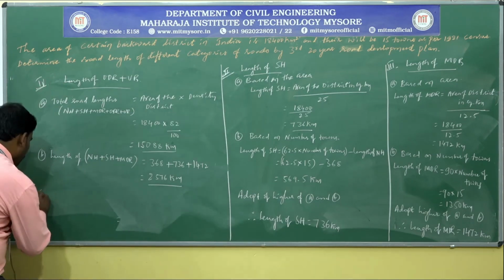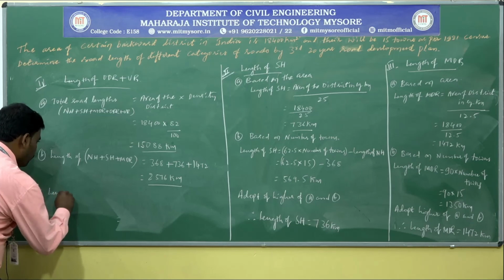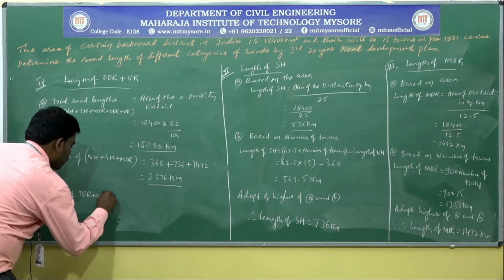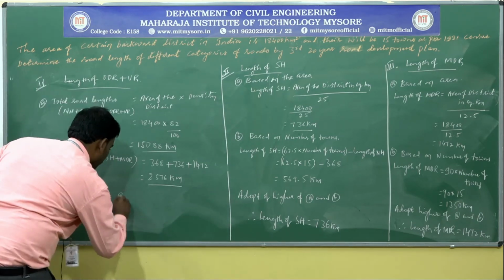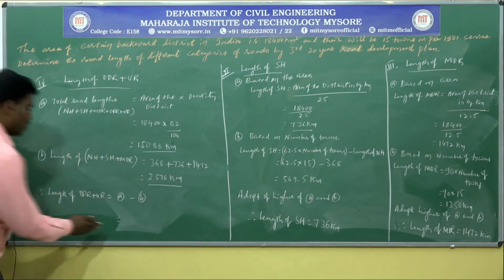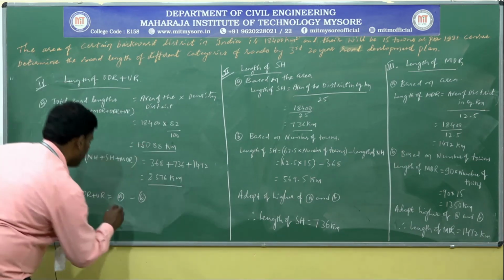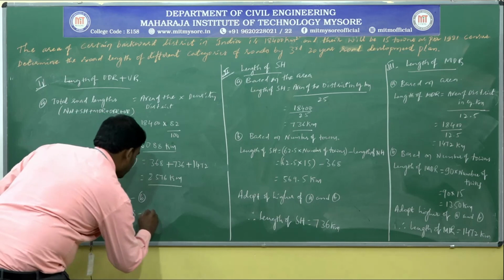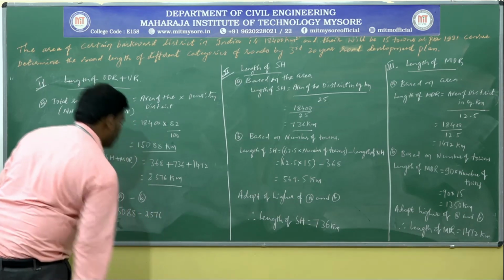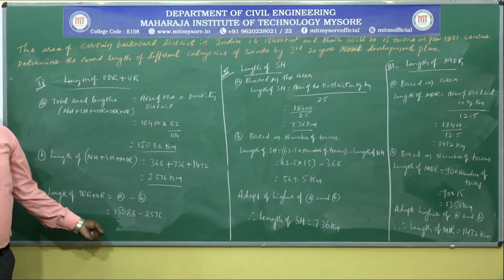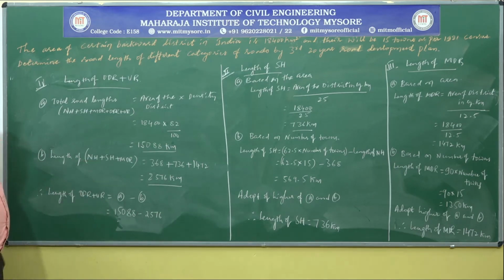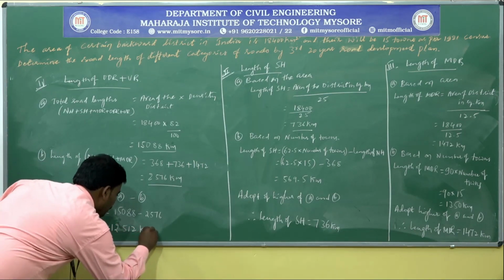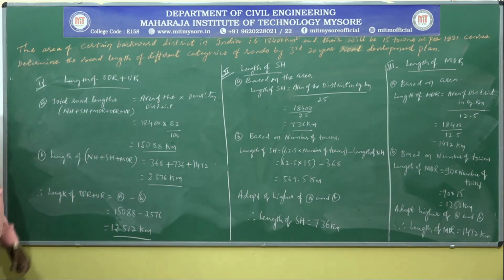Therefore length of ODR plus VR is equal to A minus B. A is the total road length, 15,088, minus 2,576, that will give about 12,512 kilometer.